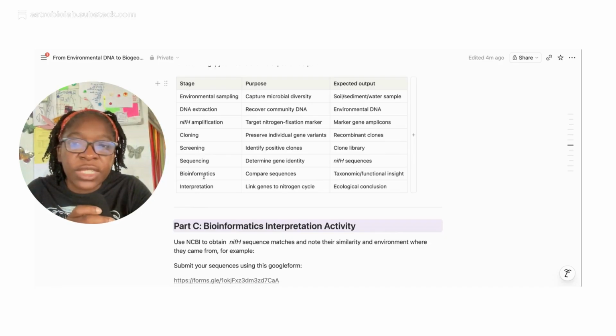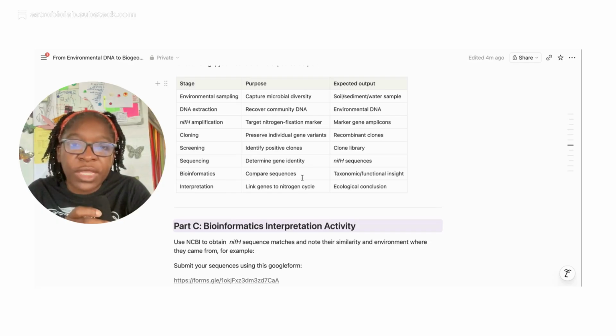Then in the sequencing stage, why are you doing this? You're trying to determine the gene identity. What is actually the sequence that you cloned? So that is your nifH sequences. That's what you're going to get. And they're usually in your FASTA format, right? And then in the bioinformatics stage, why do you do that?